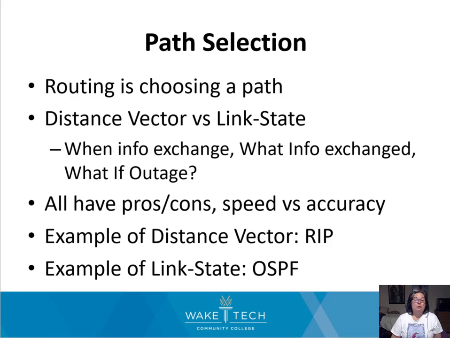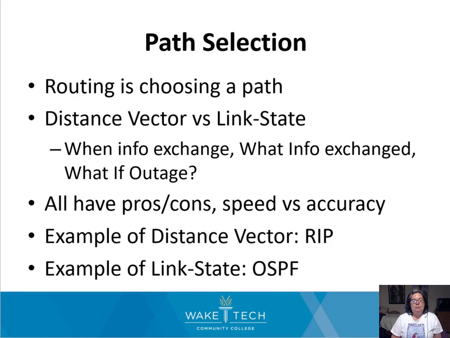How routers work has a couple of different methods. Link state versus distance vector are the two big types, and this is how it chooses a path. It has to figure out how to get to the next hop, and distance vector versus link state are the two ways it calculates it.